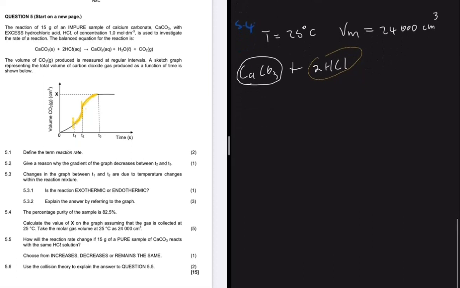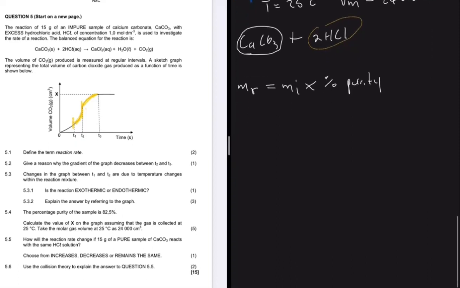So we're going to start by calculating the number of moles of calcium carbonate because we have the mass, right, and the percentage purity. So the first thing we're going to do, we're going to say that the mass that's reacted is equal to the initial mass multiplied by the percentage purity, right?